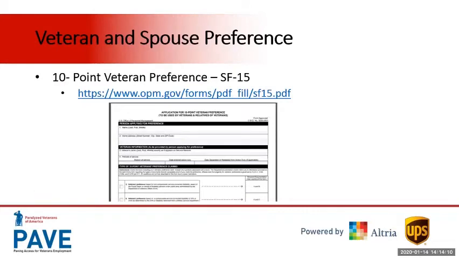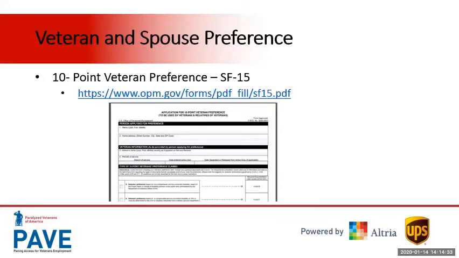One of the biggest hot topics, especially for veterans and spouses, is getting your 10-point and 5-point veteran preference. This is probably one of the most common things I work with my clients on, making sure that they are attaching the most proper documentation and also filling out this form. You don't just get the points automatically.